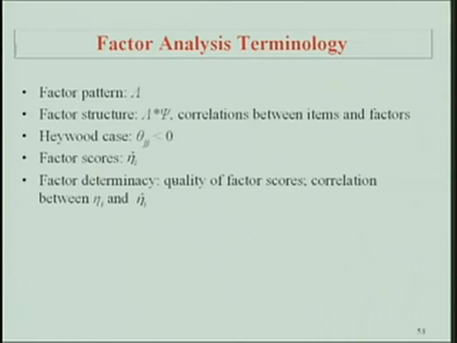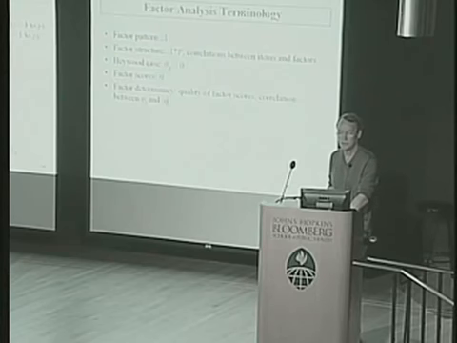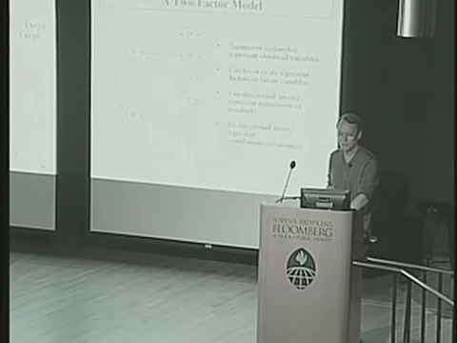Factor determinacy is a concept that measures the quality of the factor scores, giving the correlation between the true score eta and the person's estimated score. And that idea will come back tomorrow when we talk about dichotomous items, IRT, item response theory, and so-called information functions. We're going to tie the two concepts together. This is just a brief overview of the terminology.